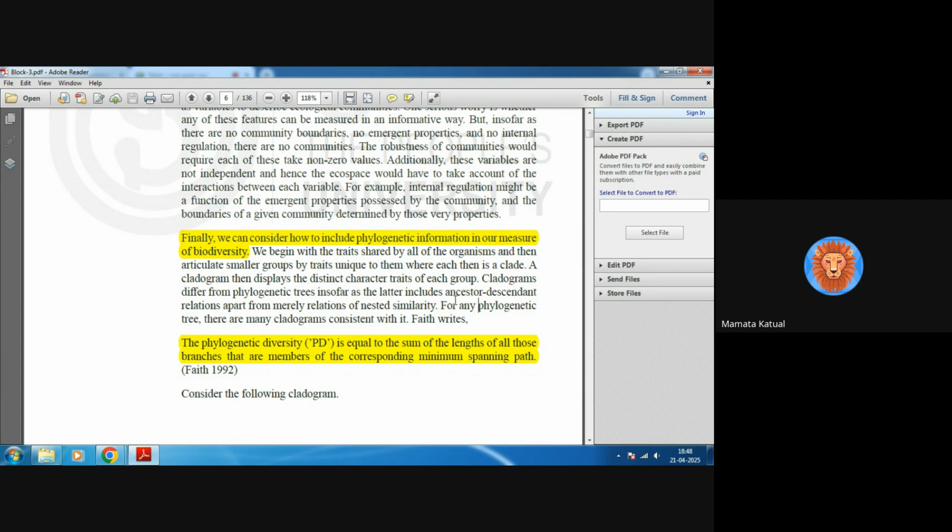If there is a species A and it produces, through evolution, two new species, species B and species C, then species A is the ancestor, and species B and species C are the descendants. So this ancestor descendant relationship, you can study from a phylogenetic tree.